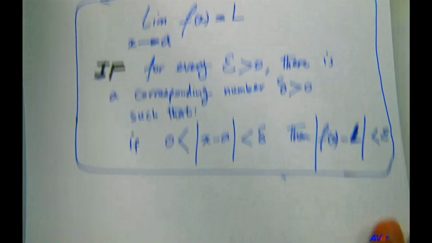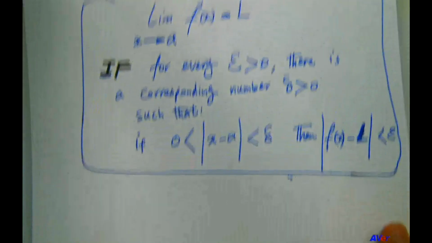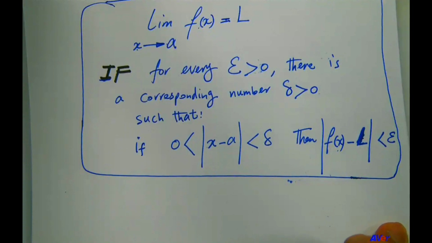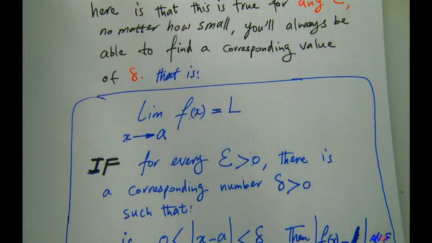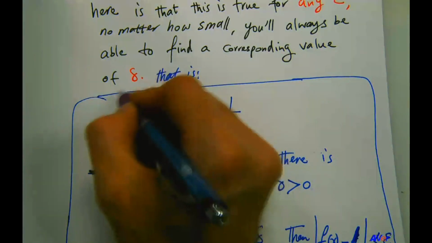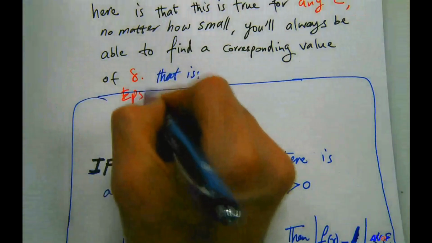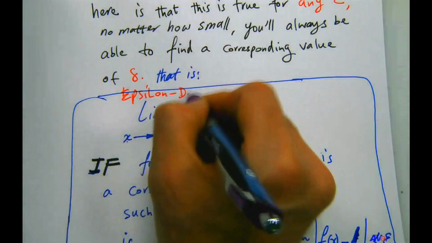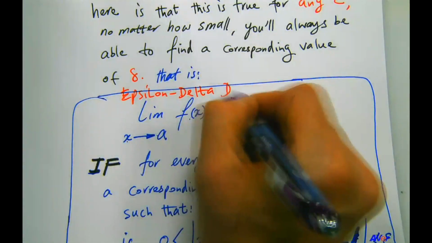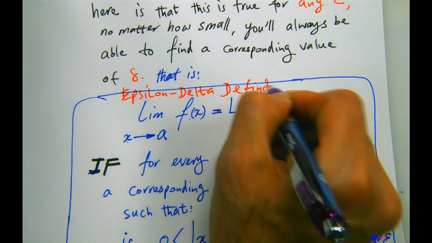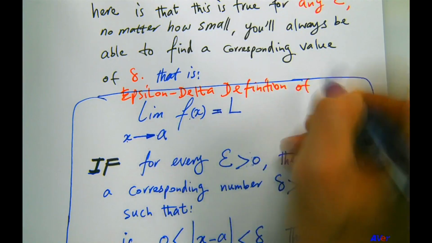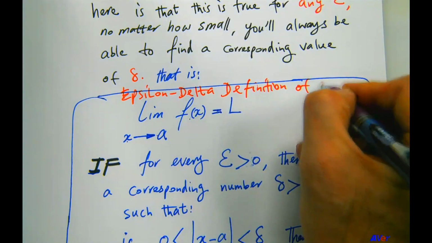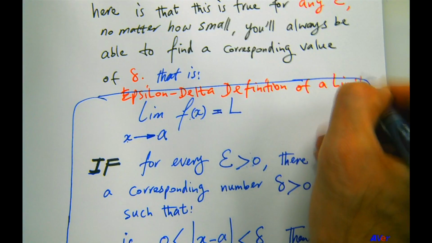If that's the case, then there is a limit. The limit exists. Okay? And by the way, let me write this. This is the epsilon delta definition of a limit. Okay?